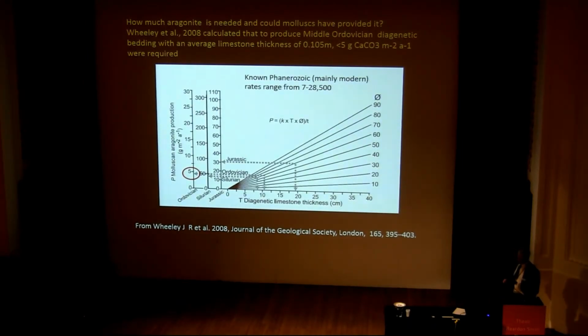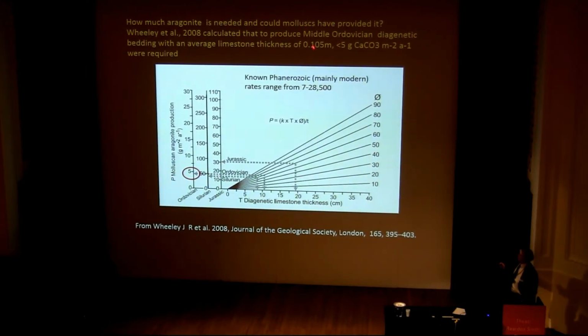How much molluscan aragonite do you need to produce diagenetic bedding? James Wheeley and co-workers published a paper a few years ago where they looked at just how much bivalve aragonite, in this case, you need to produce the typical diagenetic bedding that you get in the Ordovician.